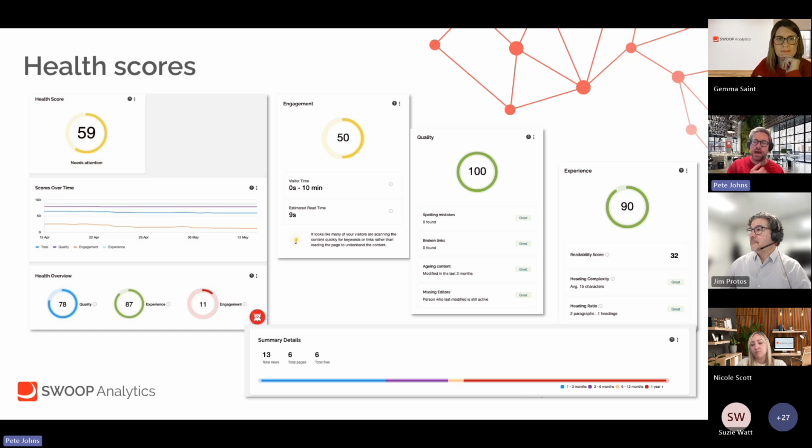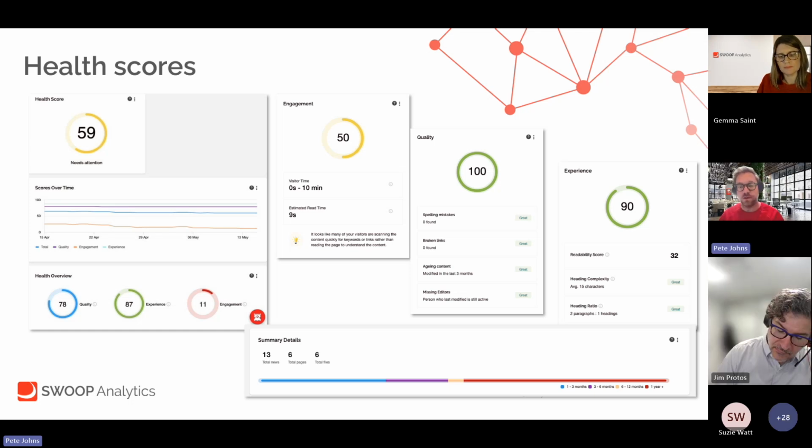So it will look at how long a page should take to read versus the actual visitor time in terms of engagement. It will give you a score related to that. From a quality point of view, it will automatically pick up spelling mistakes, broken links. It will flag to you any aging content that could perhaps benefit from a refresh, at least in the eyes of the end user, because we know that the age of the content is a really significant factor in how much people trust that content.